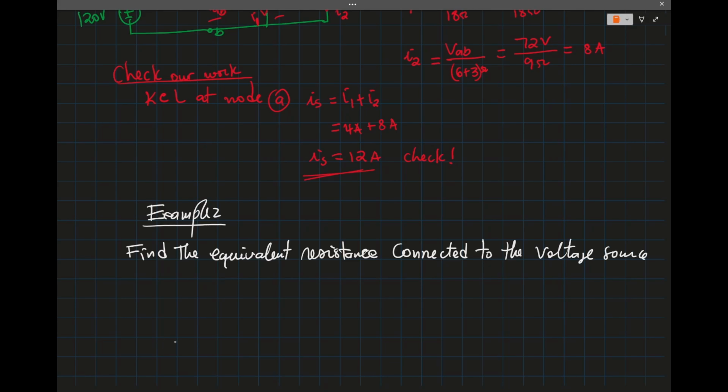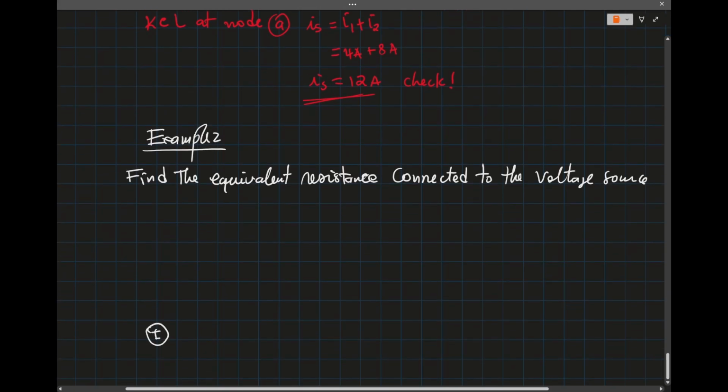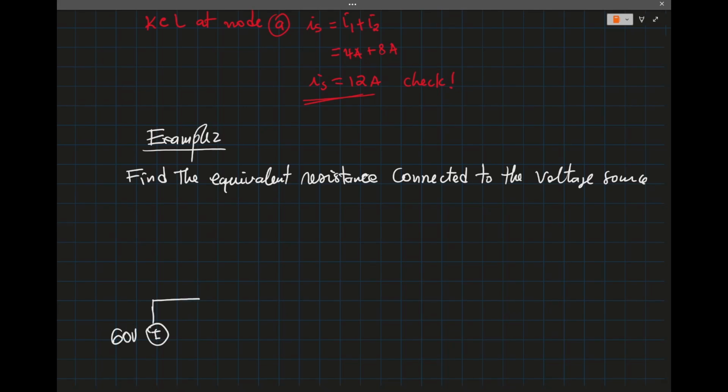Okay, so we have a 60 volt source, and then here we have 18 ohms, we have 100 ohms here, and we have 25 ohms.